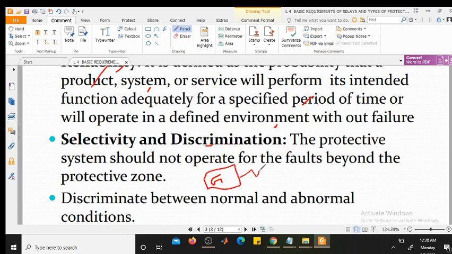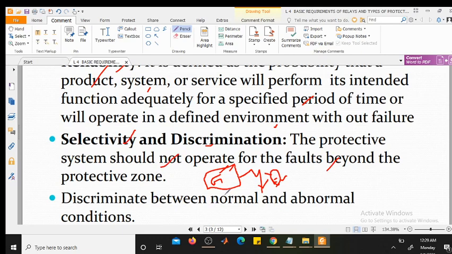If a fault occurs beyond this zone, the equipment protecting this generator zone should not detect it, because for that part another protection scheme is employed. So it should not operate for faults beyond the protective zone. That is selectivity.